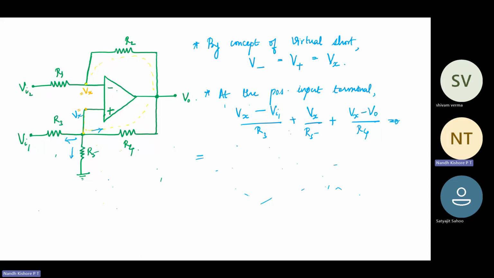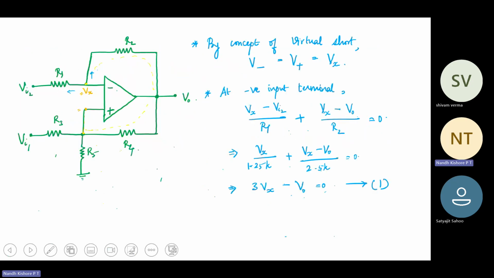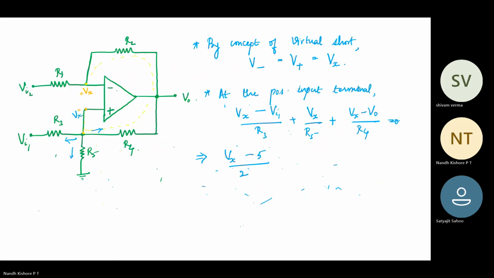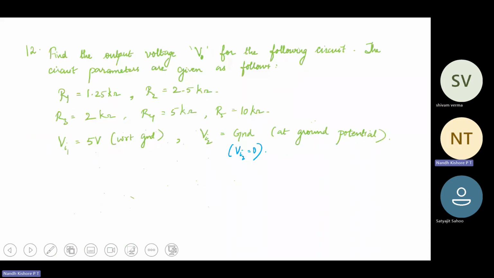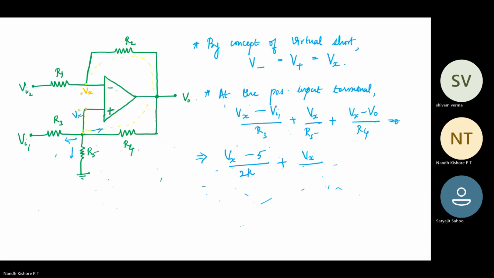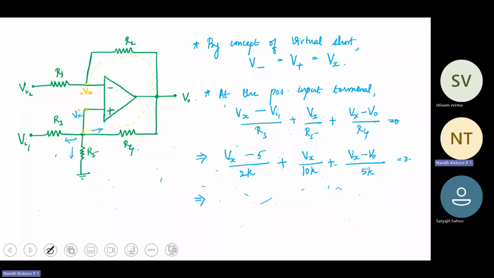Okay, so Vx minus Vi1 is 5 volts divided by your R3, which is 2K. Right, and Vx by R5, which is 10K, and Vx minus V naught by R4, which is 5K, equal to 0, right?